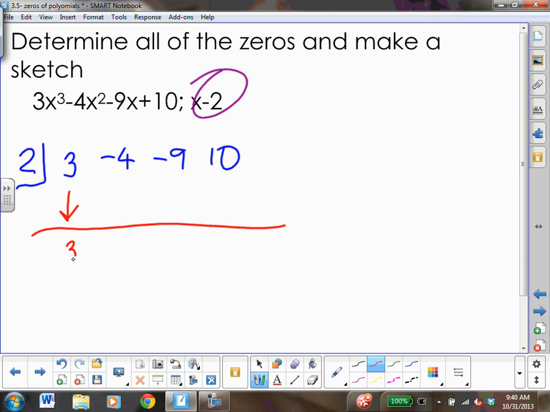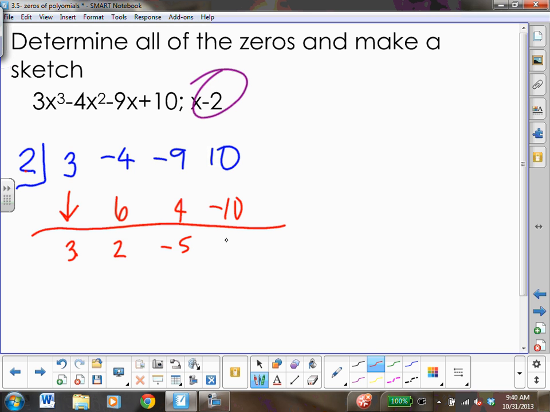Drop down the first number, and then you multiply. 3 times 2 is 6. 6 plus negative 4 is 2. 2 times 2 is 4. Negative 9 plus 4 is negative 5. Negative 5 times 2 is negative 10.